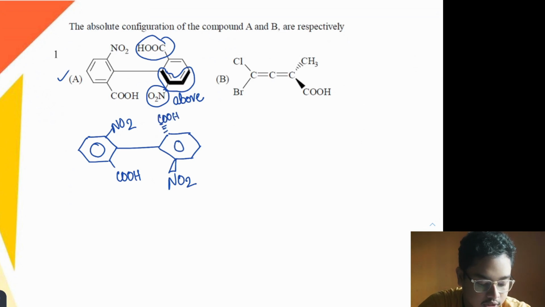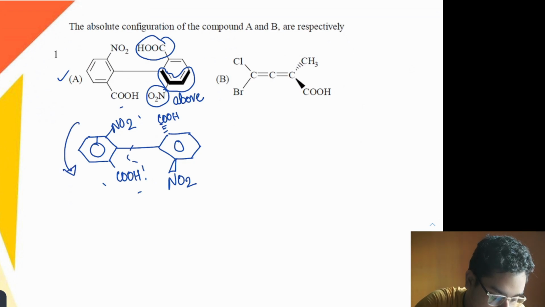Now our rule suggests that first we have to rotate the molecule such a way that this planar group is present on the lower side. So we simply rotate this molecule, and our final molecule would be something like this.